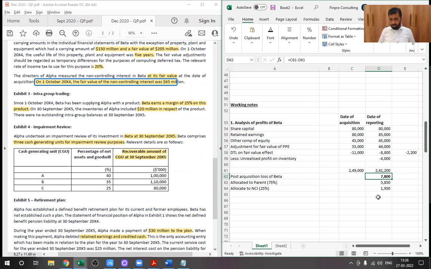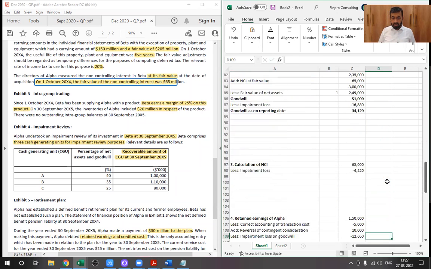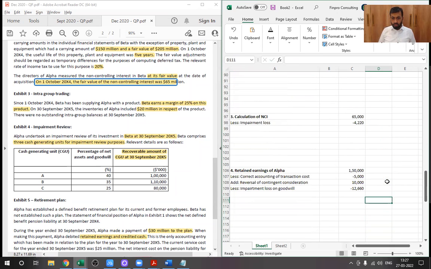This is an important fact. We'll have to consider this. Where will it go? Parent's retained earnings and NCI working. Correct. So I will take this to parent's retained earnings, working note number 4, share of post acquisition loss.